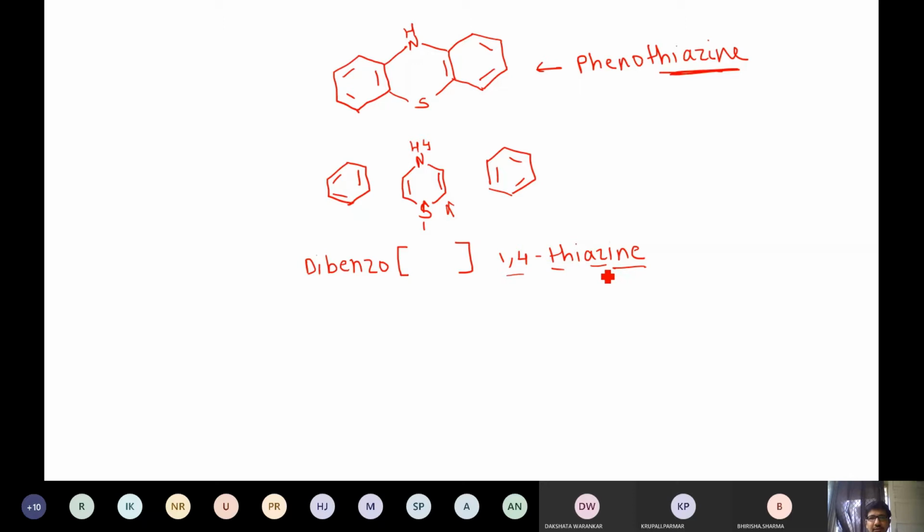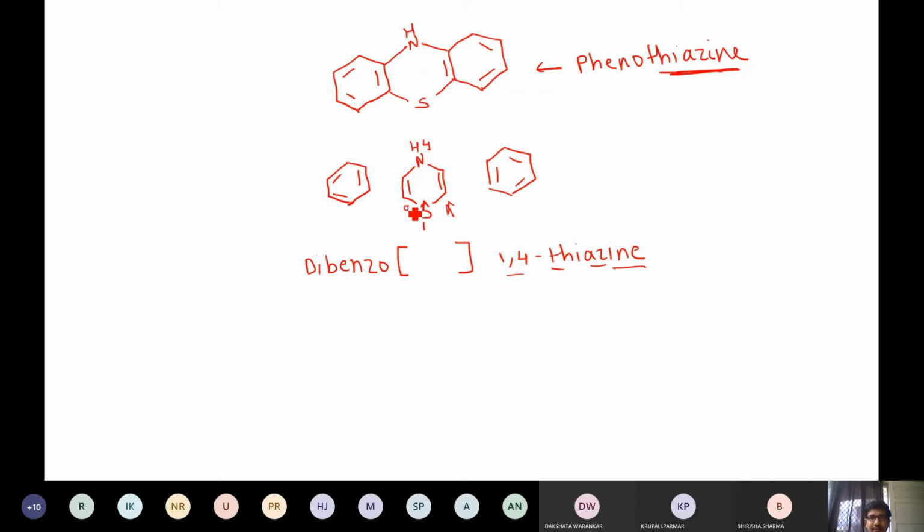Right? Now, when you talk about alphabets, you have to see at which 2 alphabets these 2 phenyl rings are attached, correct? So you will start the numbering from sulfur because priority wise, if you remember Hansch-Widman system, sulfur gets the first priority, correct?